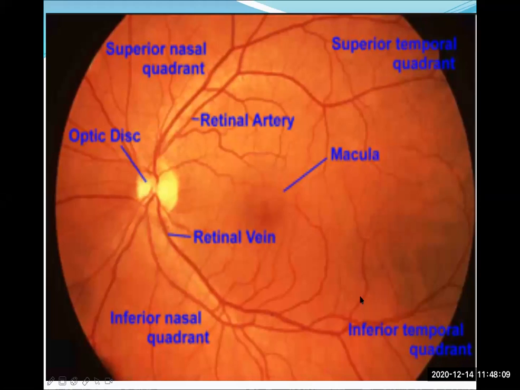Now, what is the meaning here? This retina or fundus is roughly divided into two parts first, the temporal side and the nasal side. Then the temporal is divided into superior and inferior. So this is how it is divided into different quadrants. This is the macula once again.